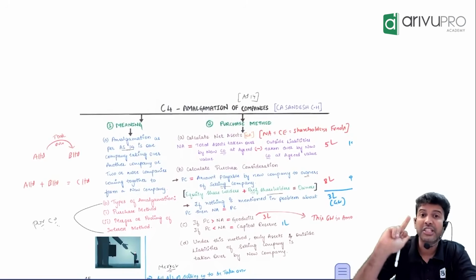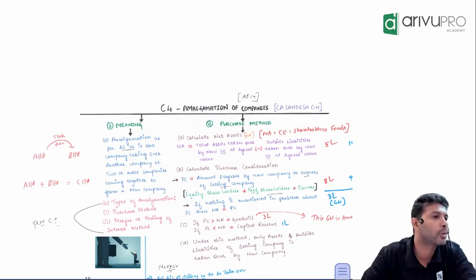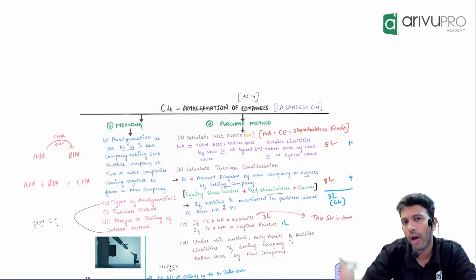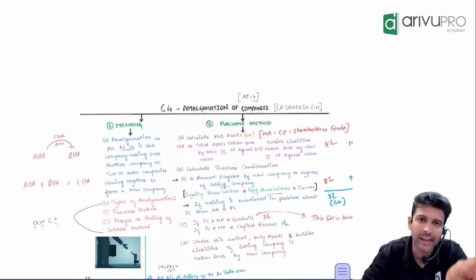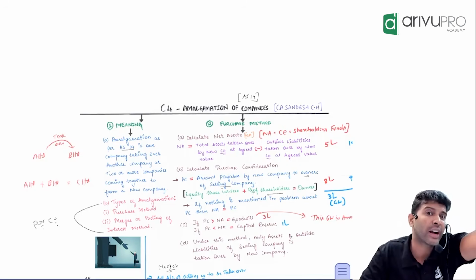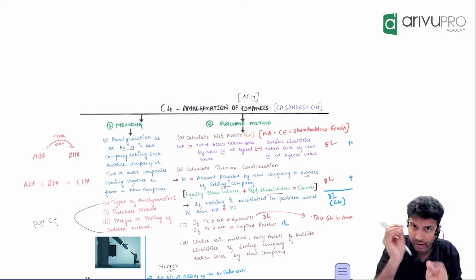First of all, this condition is for what? Purchase or merger. For it to be merger, all the 5 should be satisfied. First one is what? All assets and all liabilities of the selling company should be taken over by the purchasing company. They will take it over at market value or book value. So how to identify?